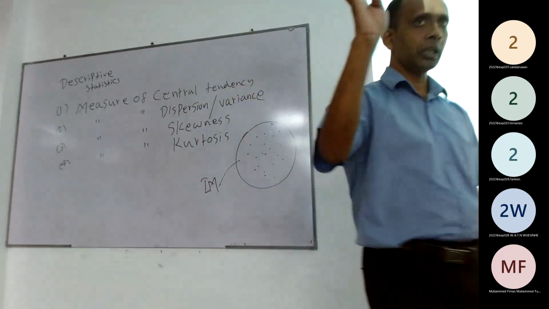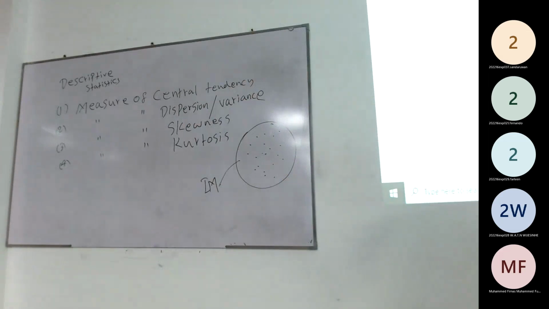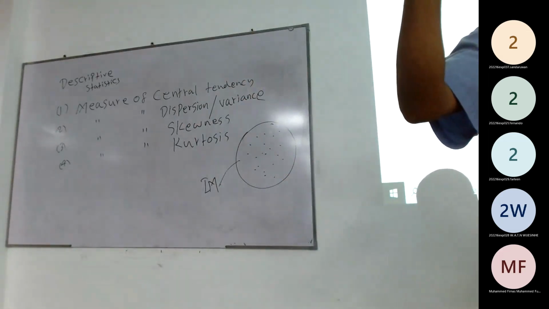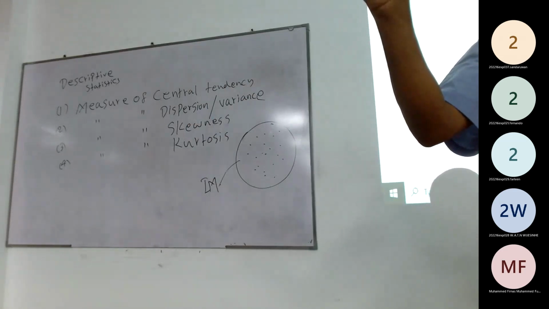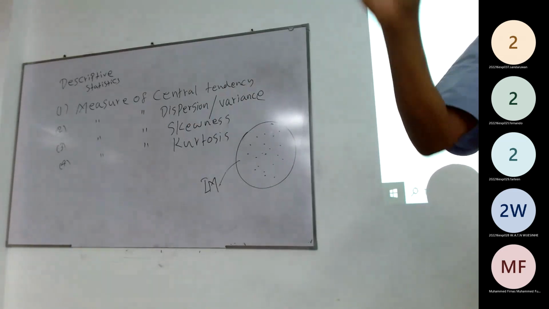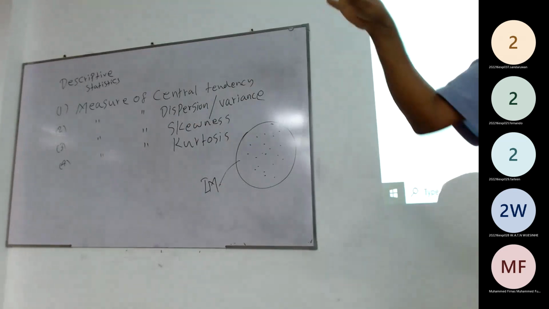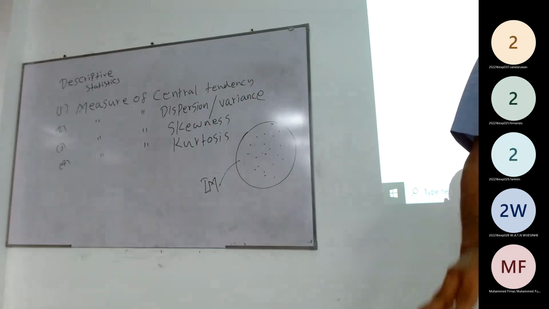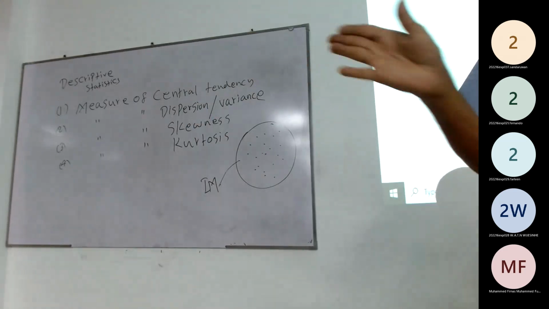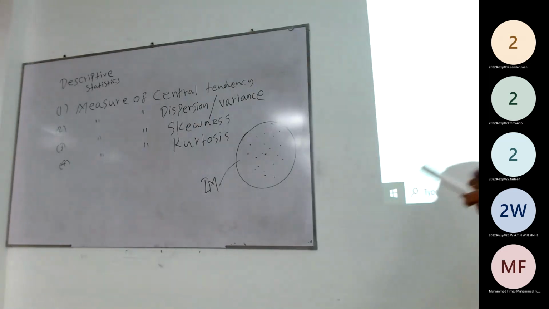We use mean, simple mean, weighted mean, mode, median, harmonic mean, geometric mean. These calculations belong to measures of central tendency. Understood? Right. First we write down like this.